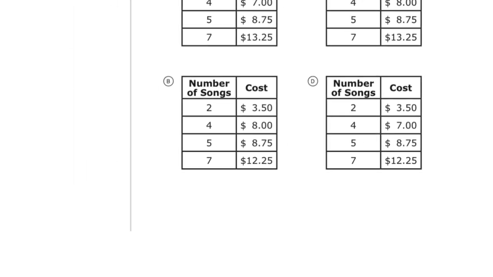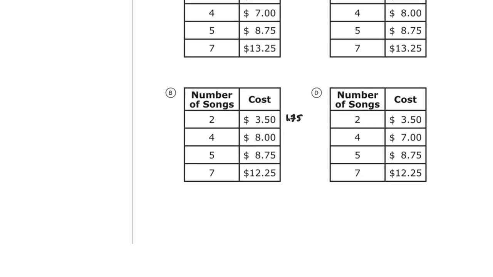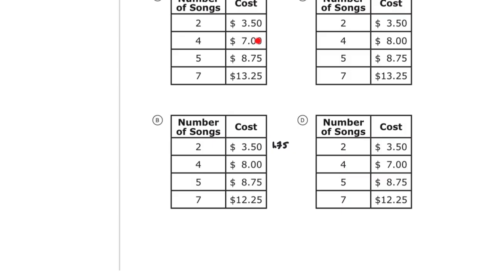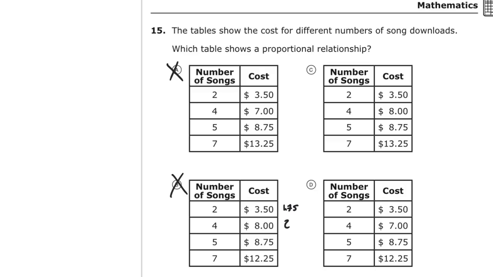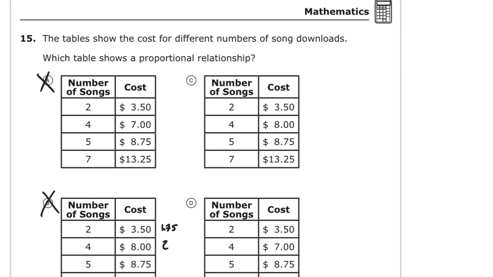350 divided by 2. Well, we already discovered that that's $1.75. And we also discovered that 7 divided by 4 is $1.75, but $8 divided by 4 is $2. So already that's gone also. So we know that answer choice A is gone, answer choice B is gone. We know that $3.50 divided by 2 is 175, and this is going to be $2. So that's gone.